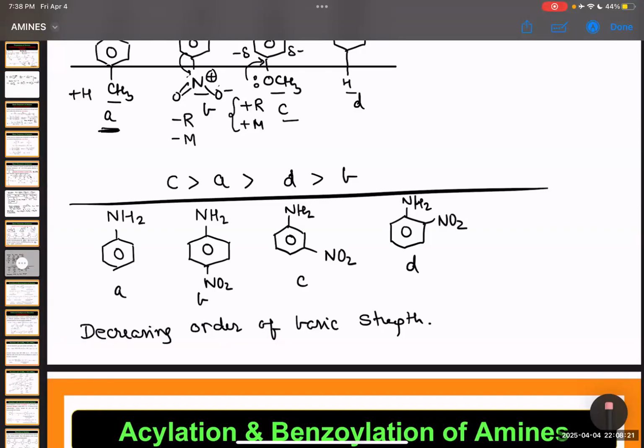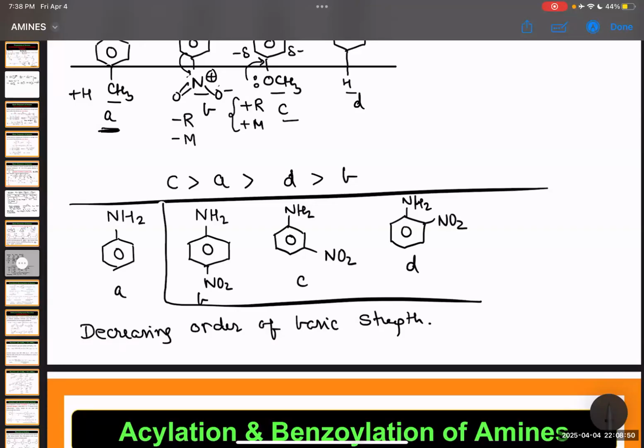So first of all, one thing is clear that all these three, the rest of the three benzene rings, have an electron withdrawing group, which is the nitro group. Wherever it is placed, either at ortho position, meta position, or para position, one thing is sure that it is going to remove or suck out the electron density, and it is going to make the aniline less basic.